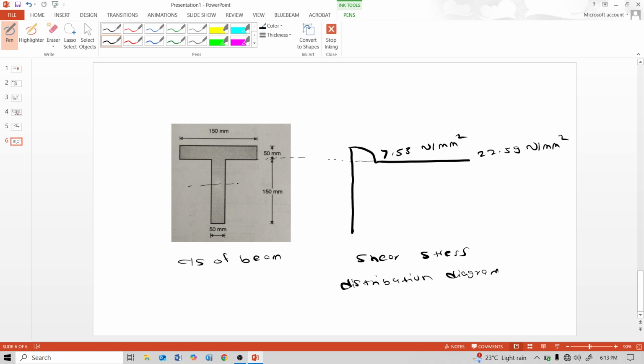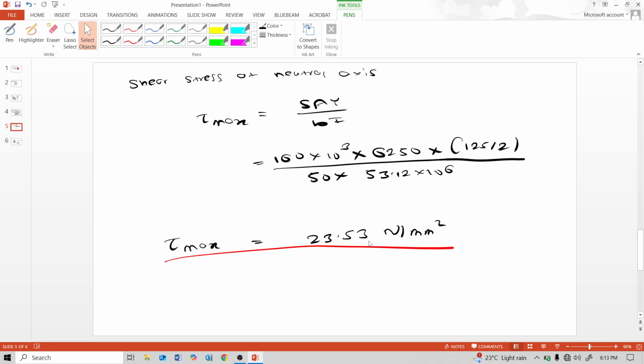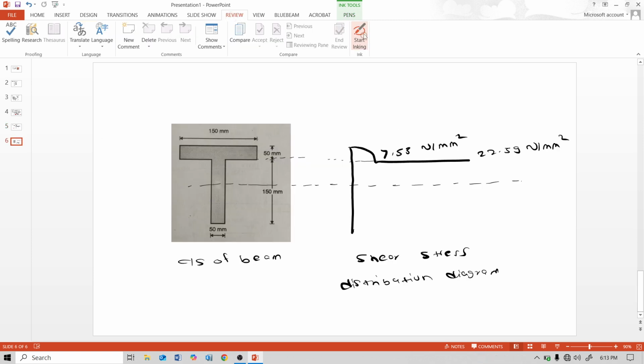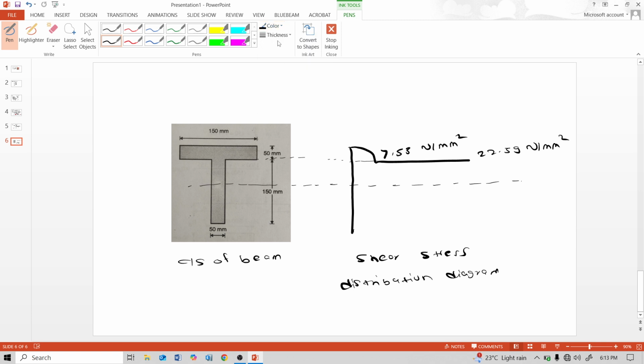And at the neutral axis, the stress is maximum, 23.53 Newton per mm square.